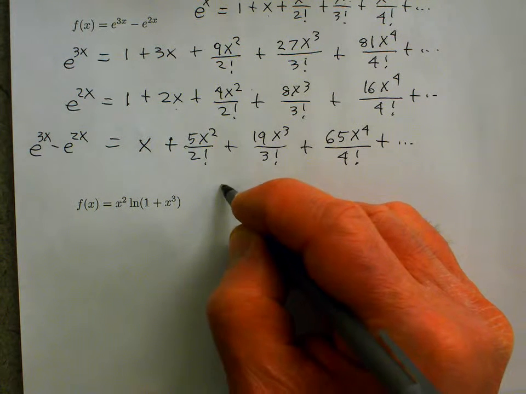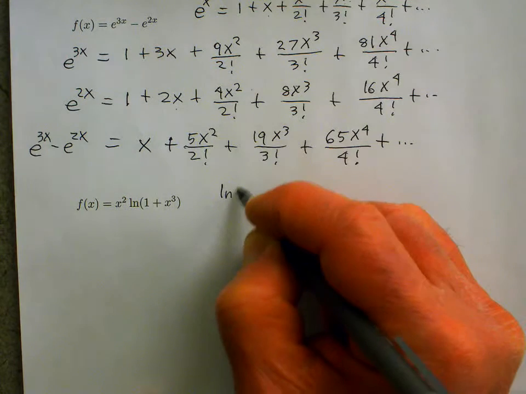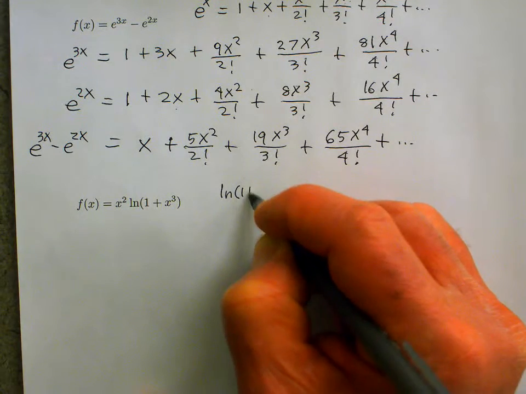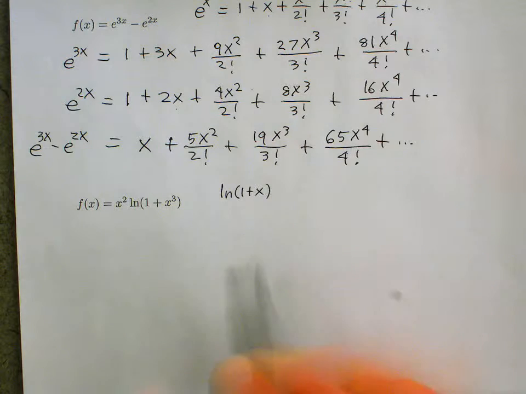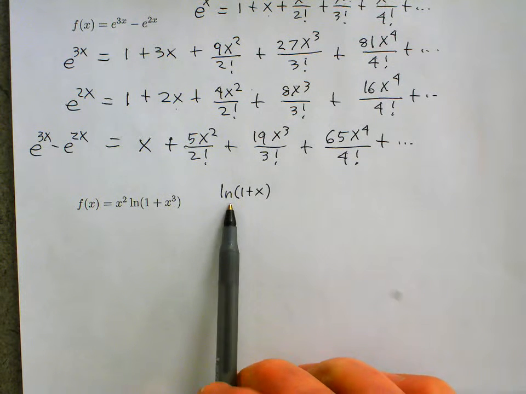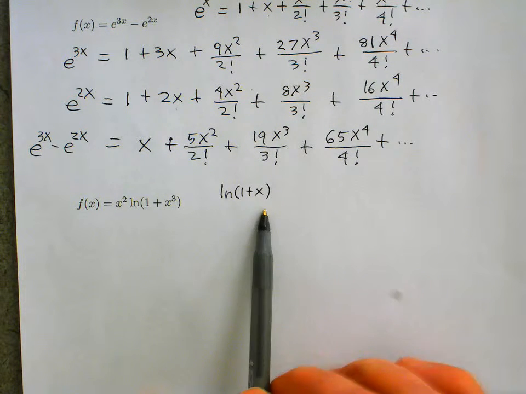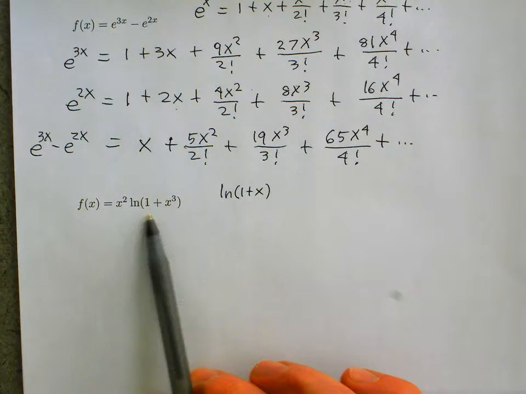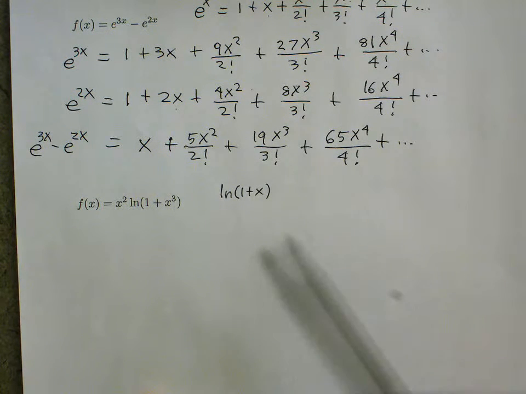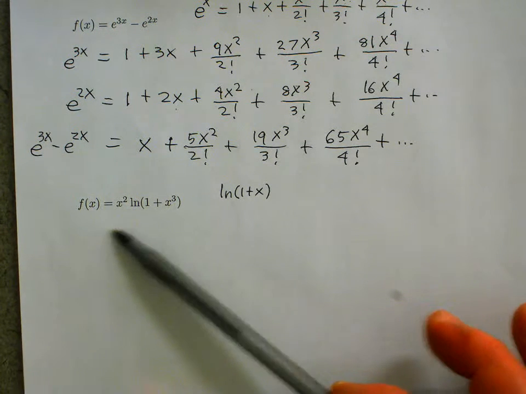Replace all the x's with x to the third and multiply by x squared. We'll recall the series we got for the natural log of 1 plus x, and then the natural log of 1 plus x to the third will be found by replacing every x in that with x to the third, and then afterwards multiplying every term by x to the second.